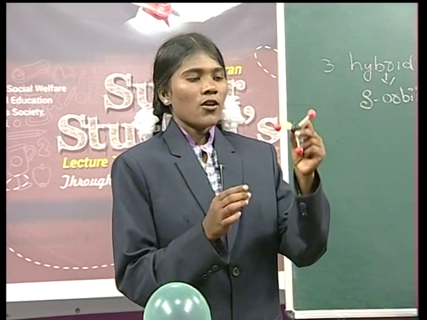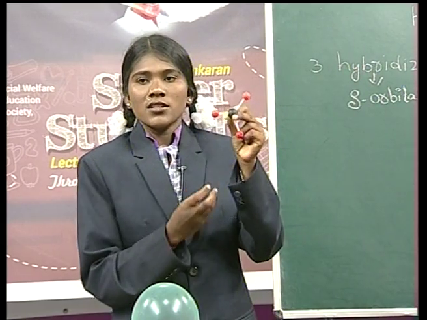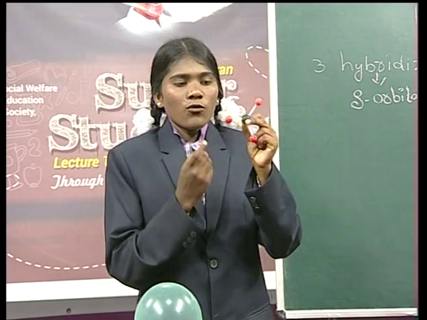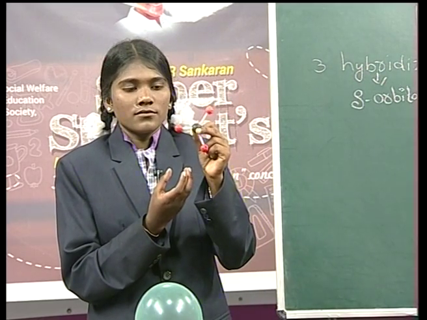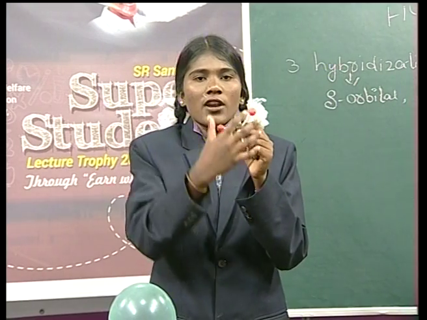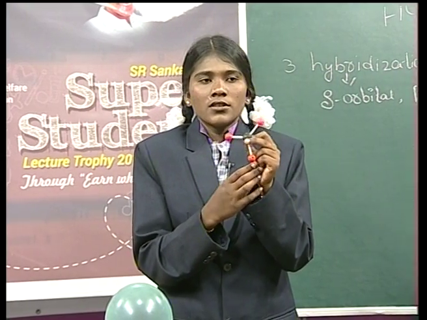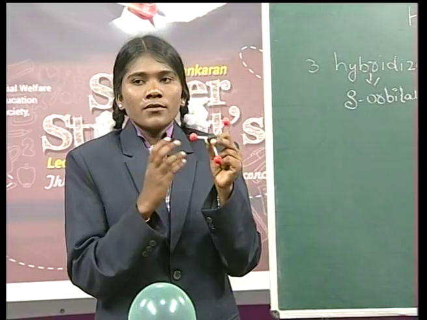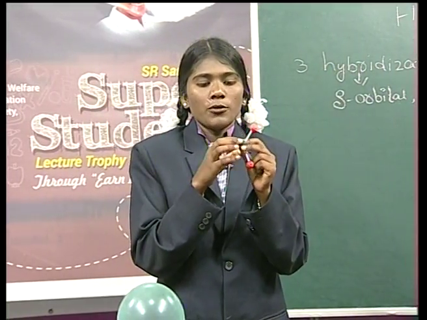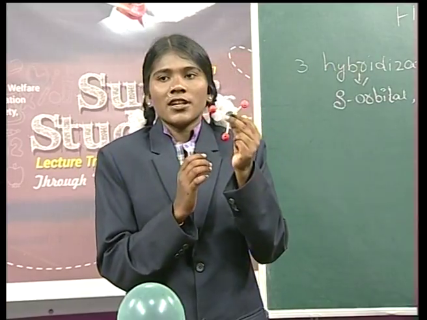Okay friends, what is the shape of these 4 molecules? Tetrahedral. And what is the central atom? The central atom is carbon. And what are these 4 atoms? These 4 are hydrogen atoms. And are you able to find what is the shape of these 4 atoms?